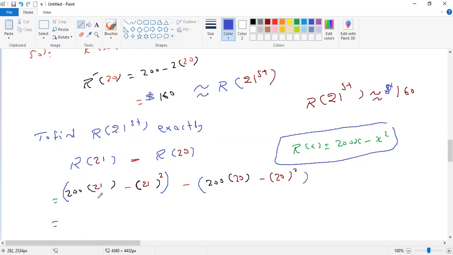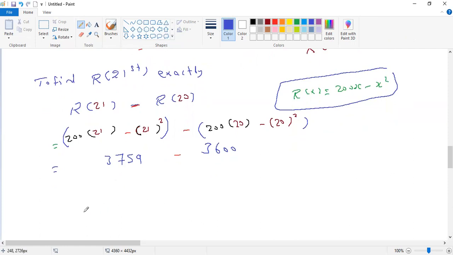The answer of the first one, 200 times 21 minus 21 squared, is 3,759, minus the second one. 200 times 20 minus 20 squared is 3,600.